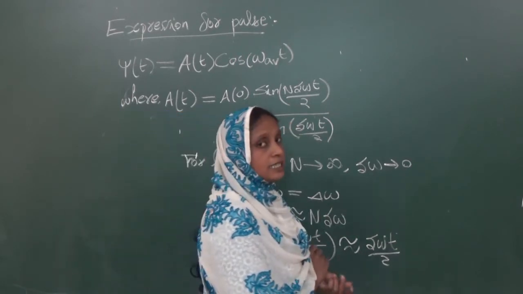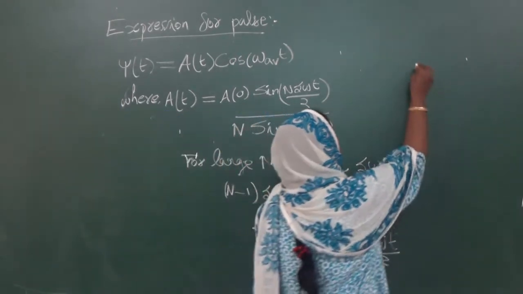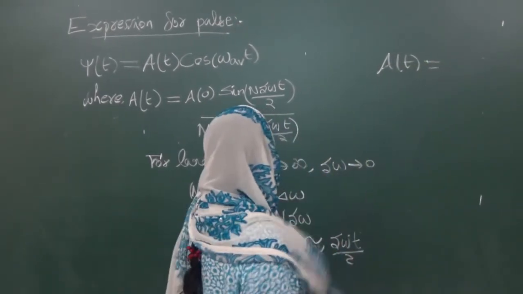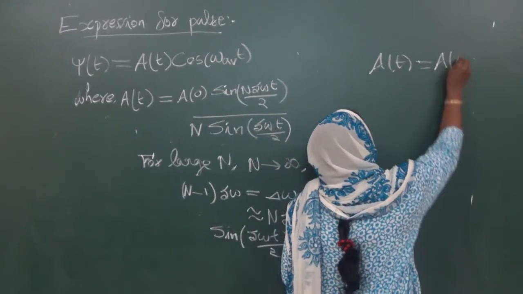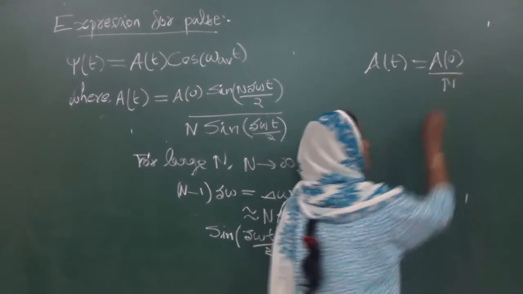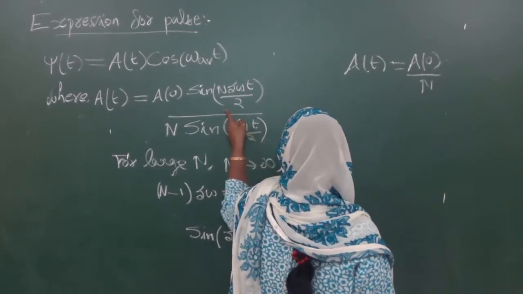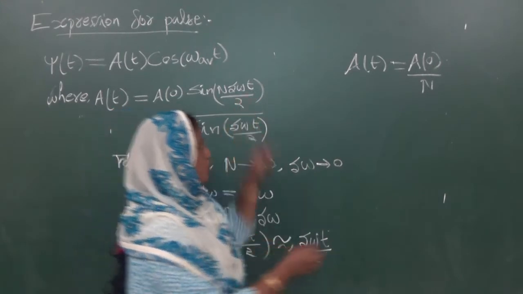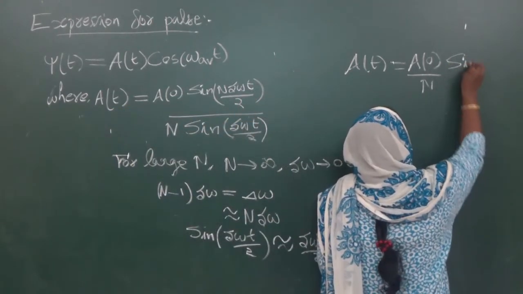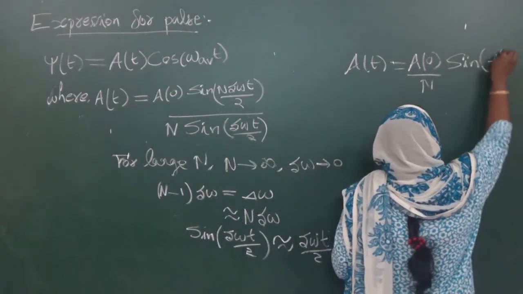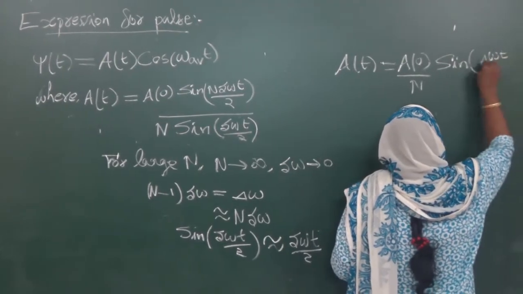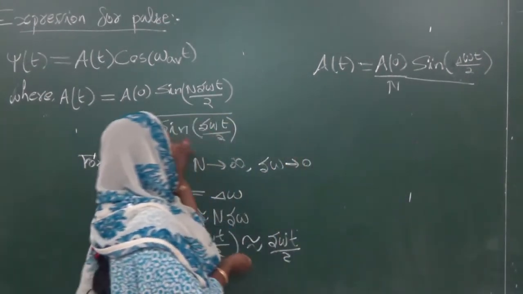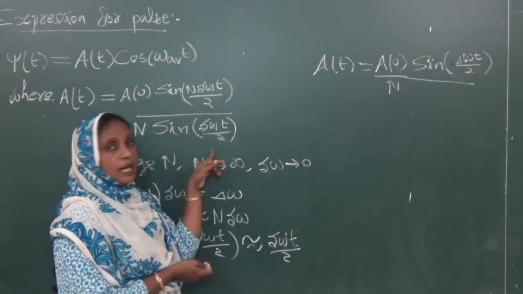So we get A of t as A of 0 by N, then sin(N delta omega t by 2), divided by the next term, sin(delta omega t by 2).